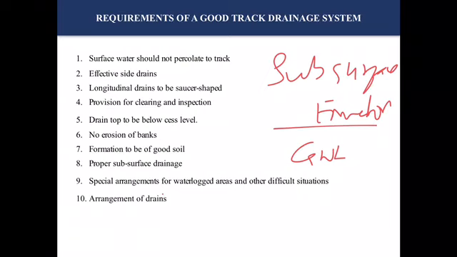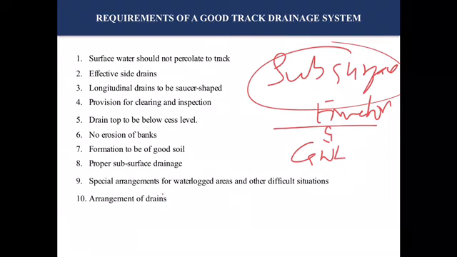In the places where it is expected that the groundwater level is very near to the formation, some suitable subsurface drainage method will be adopted to eliminate the entry of water. And you have to ensure that the highest level of the groundwater table should be well below the level of the subgrade. And the formation soil is to be good soil, because the track alignment should be made to rest on pervious, naturally drained and suitable soil.